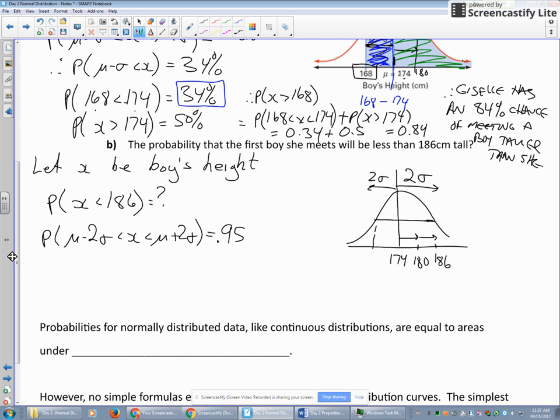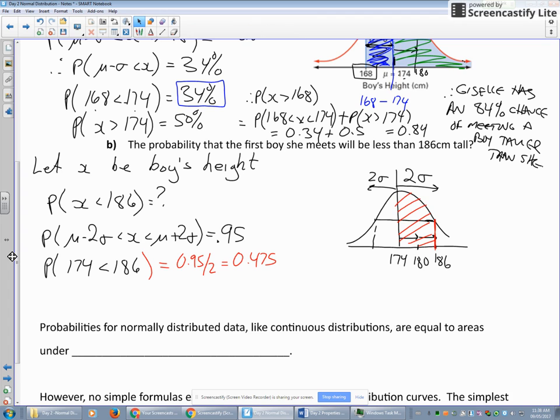So half of that. The top half, the probability that we're between the mean, 174, to 186, that's the top half. That's going to be half of 95%, 0.95 over 2, which is equal to 0.475.